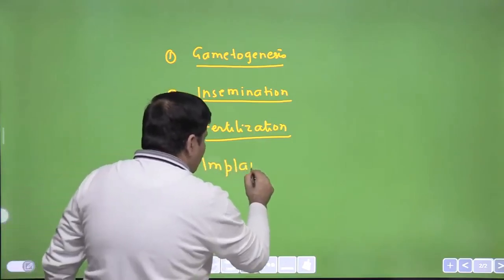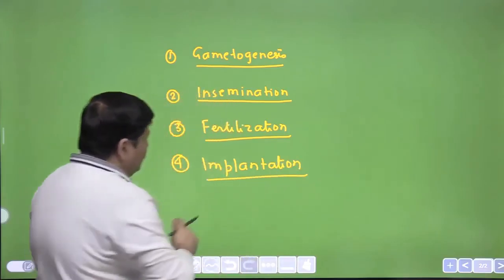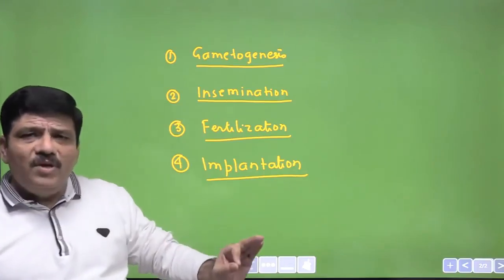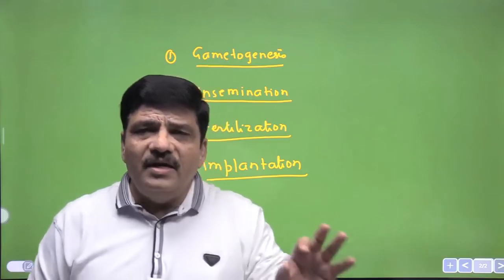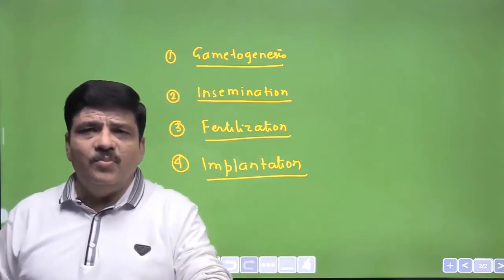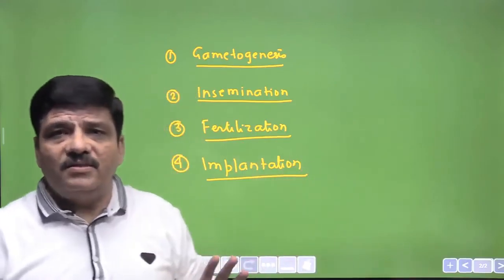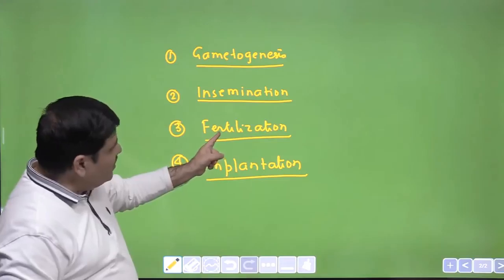And it is a very important question. We will be repeating it again, but because we have done this chapter, let us be clear that implantation in human beings occurs at the stage of blastocyst. It occurs on the 7th, 8th day post fertilization, and it establishes pregnancy. So that means pregnancy is not established merely by fertilization.